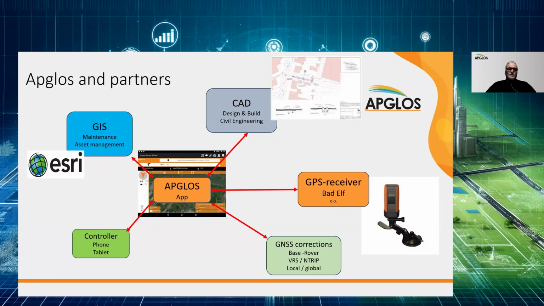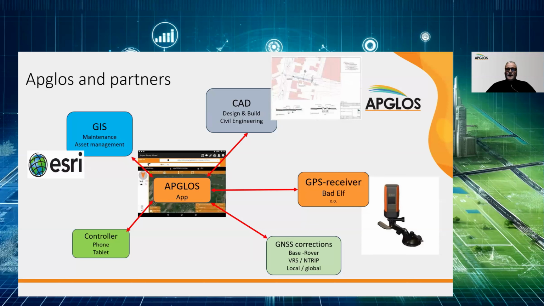And then, of course, you need the GIS. It's the asset management, which is very important because without asset management, we need to know the components as well as the updates. So APGLOS is still in the center because the only thing you need is a controller, which can be your phone or a tablet.